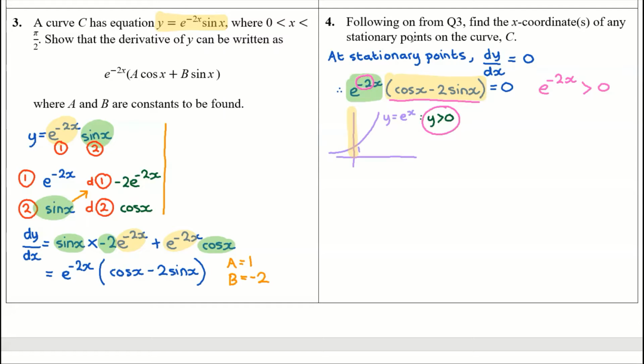So let's do that. So we have cos x subtract 2 sine x equals 0. And we've seen equations like this before. What's the trick? Well, we divide everything by cos x.